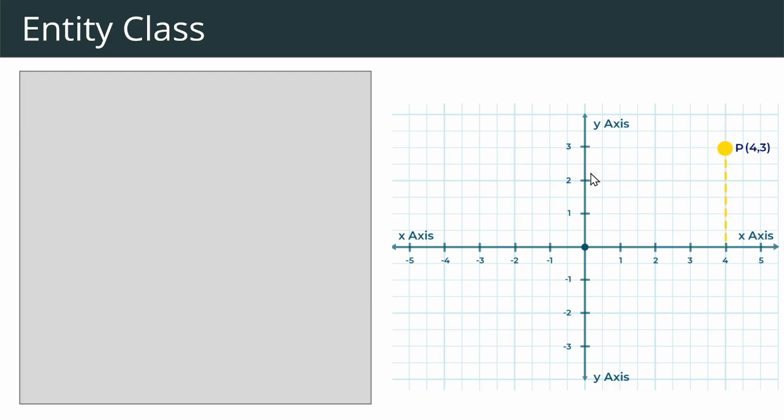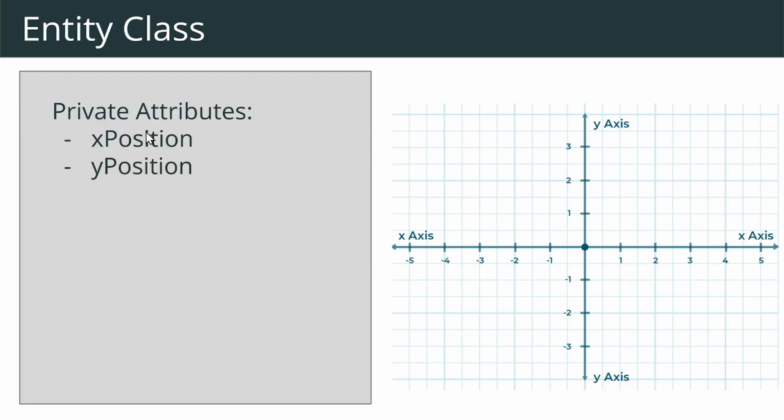So imagine you're playing a two-dimensional game. I'll just keep it super general. Entities are things on the grid. They have private attributes. These are like the XY coordinates. These are like variables that describe where a thing is.